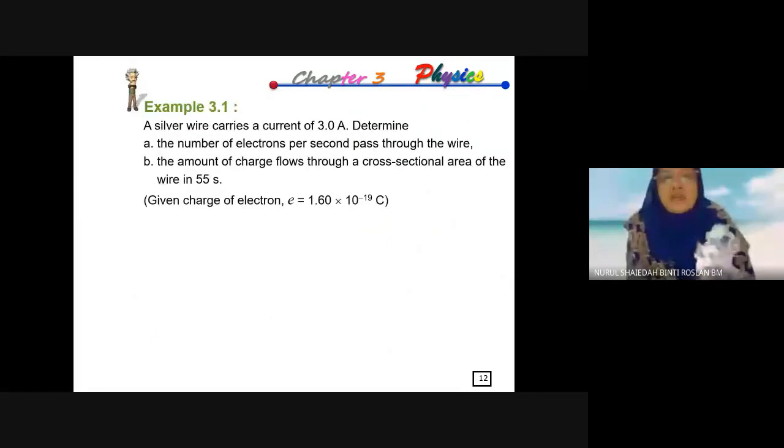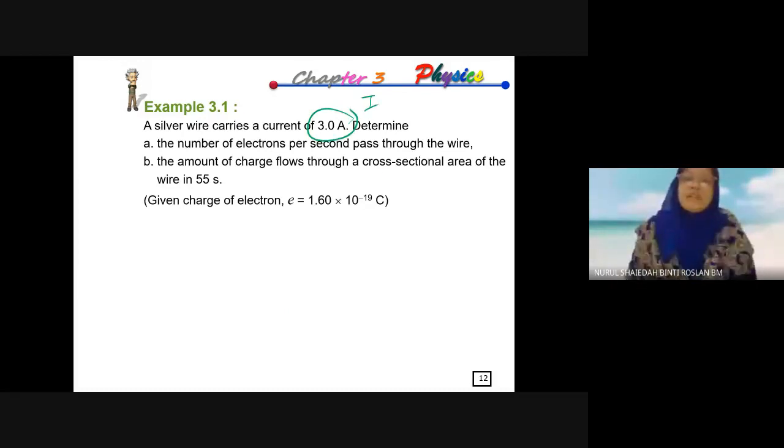Okay, look at this question. It is not difficult, it is direct. A silver wire carries a current of 1 ampere. Determine the number of electrons per second.